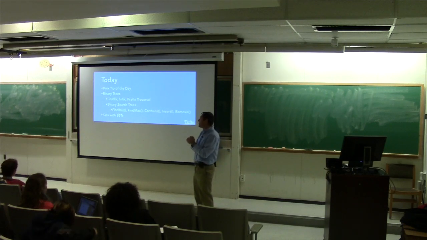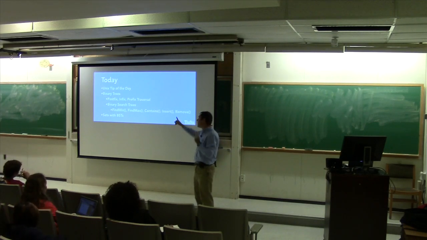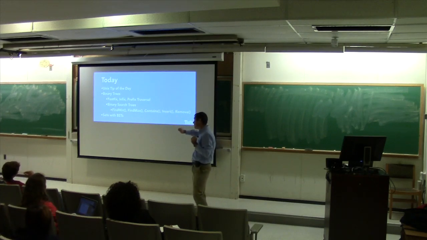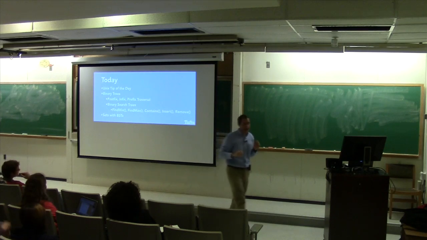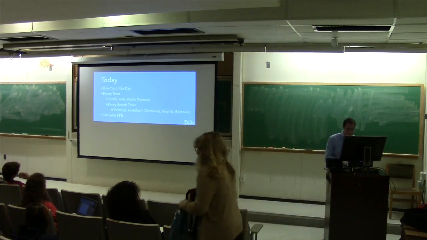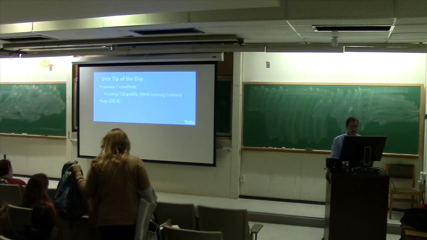We won't get to sets again today, unfortunately. But we'll talk about how to do a bunch of functions with the binary trees as well. OK, and we'll talk about the asymptotic analysis of that too. All right, Unix tip of the day.